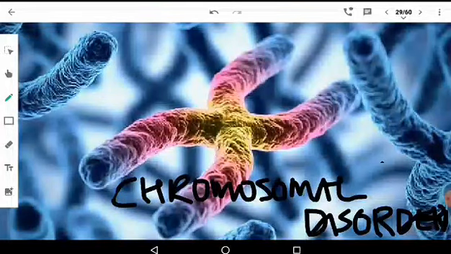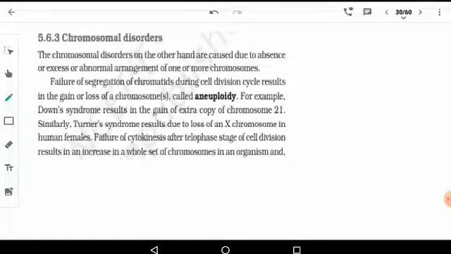Now let's move on to the chromosomal disorders. Chromosomal disorders are those which can result due to absence or excess or abnormal arrangement of one or more chromosomes. Now, failure of segregation of the chromatids during cell division results in gain or loss of a chromosome, and that is known as aneuploidy.